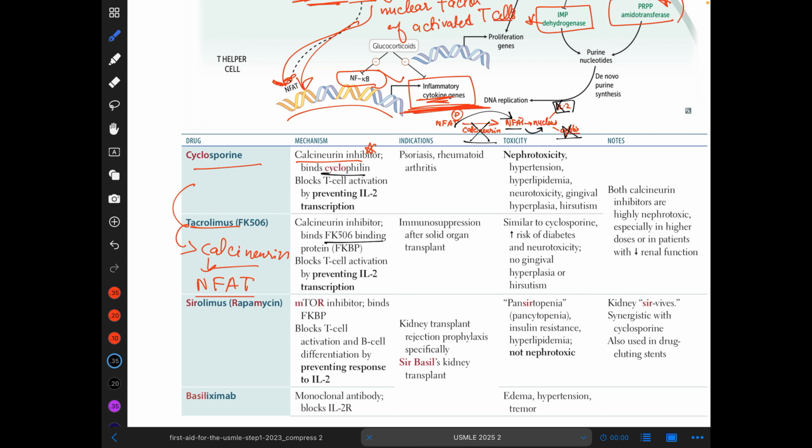Both drugs are metabolized by the P450 system, so they can have many drug-drug interactions. Before giving cyclosporine or tacrolimus, we do renal function tests because both of these cause nephrotoxicity.